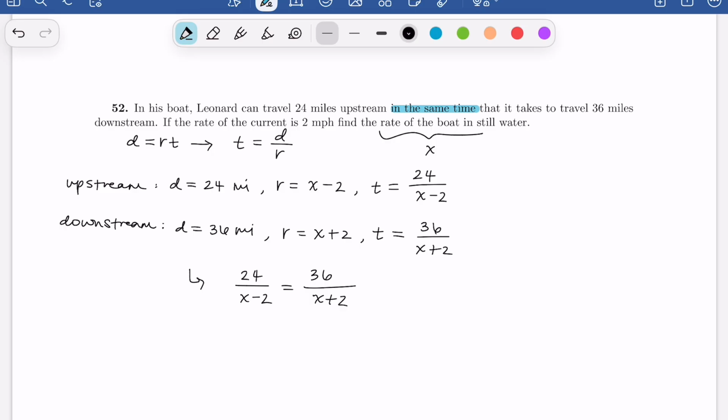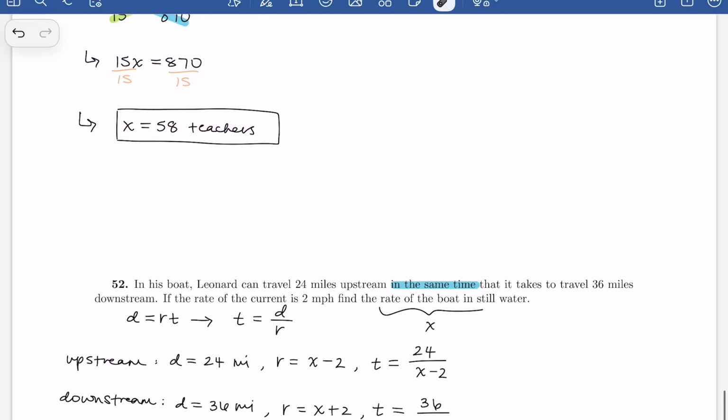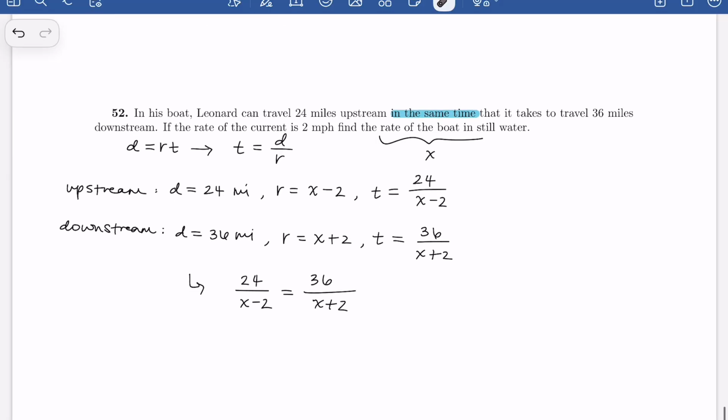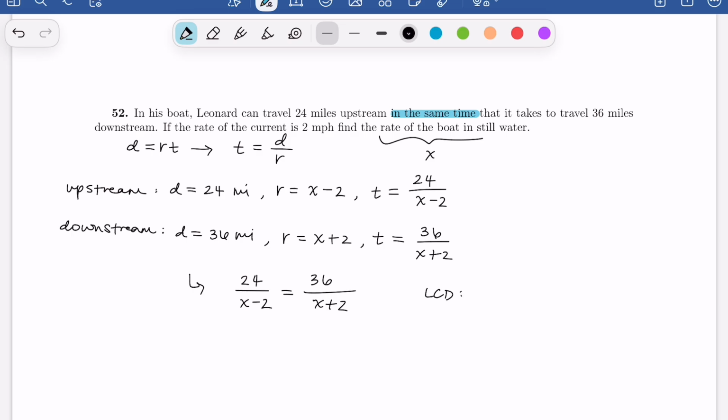All right, so now I have a rational equation. Now, there's a couple different things that we can do to solve for this. So far, what we've seen is we're going to multiply by the LCD. Now, we can do that, or again, we could cross multiply just like we saw in the last example. So I'm actually going to do the cross multiplication way, but if you do want to multiply by the LCD on both sides of our equation, I'll go ahead and write this out for us.